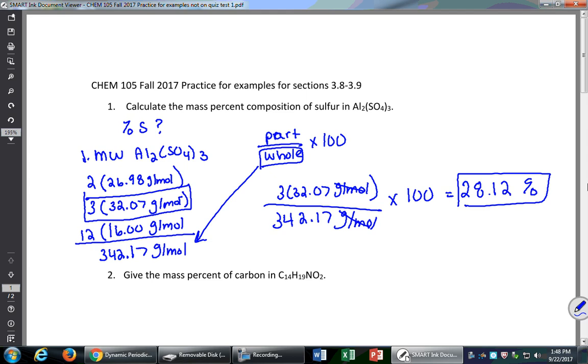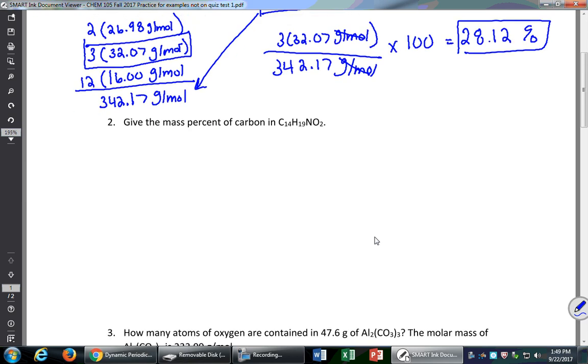So we get 28.12%. And I'm showing it with 4 significant figures because that's the particular periodic table I was using. That's what it gave me. Any questions with that one? Fairly straightforward. It's the same thing with this example.